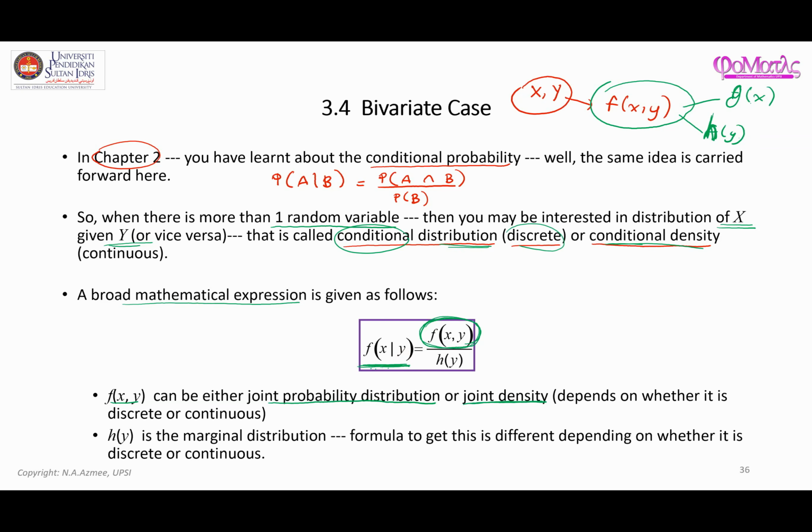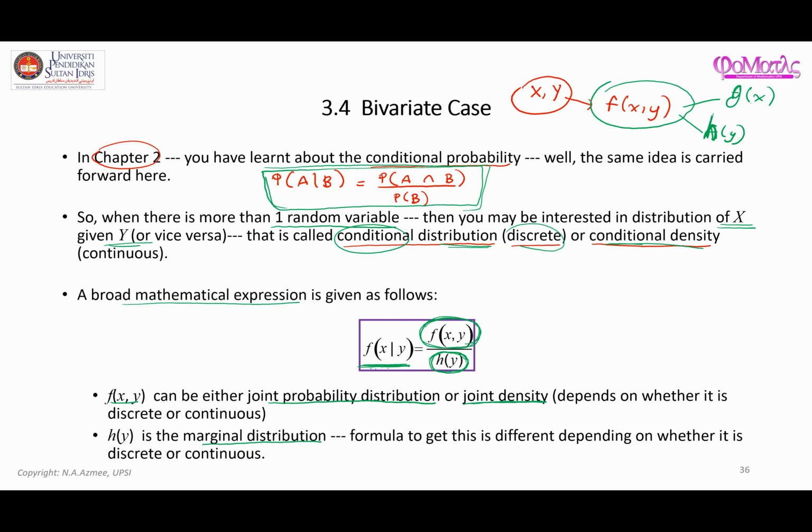Following the same idea as the conditional probability which you have seen in chapter 2, we supply the information at the bottom related to y. Here we have the marginal distribution, or the marginal density.